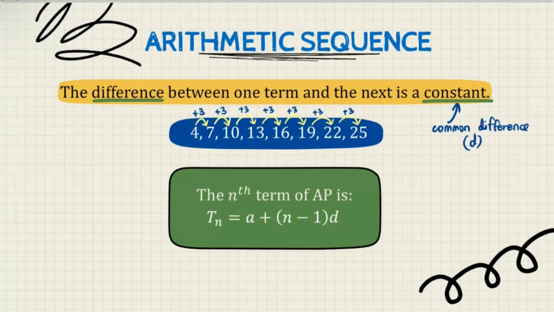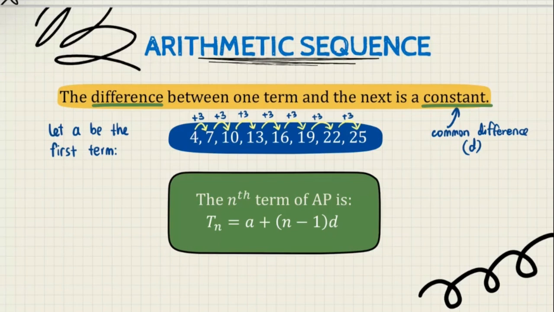So itu adalah kita punya pattern. So now macam mana kita nak write from this sequence, kita nak bentuk dia dalam bentuk formula. Okay, so dekat sini let's say kalau saya write a, the first term. So a kita adalah 4. So ini adalah T1 lah. T1 kita adalah a, which is equals to 4. So untuk dapatkan T2, T2 kita adalah 7, betul tak?